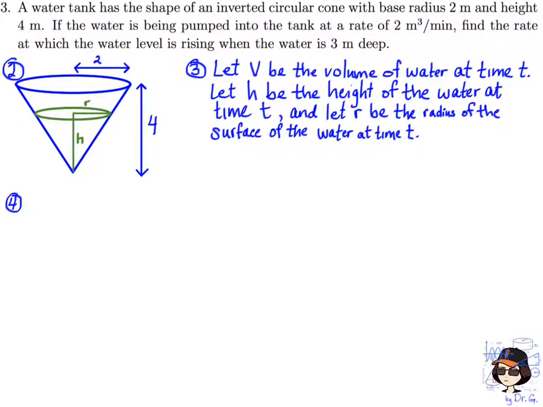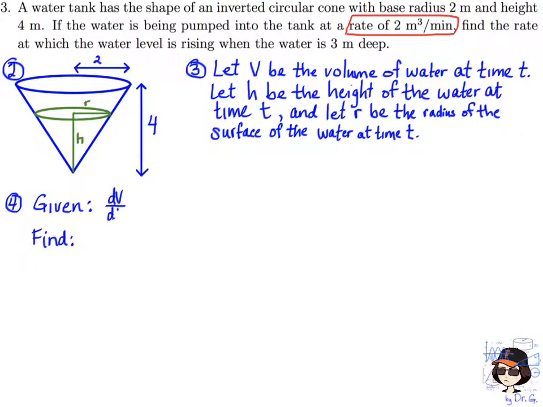Okay, step 4, state the given rates and the desired rates in terms of derivatives of the changing quantities. So our changing quantities are V, H, and T. It's not T, R. So what are we given? So let's look back at the problem. I'm going to write down given and find. So what I'm given is that the water is being pumped into the tank at a rate of 2 cubic meters per minute.